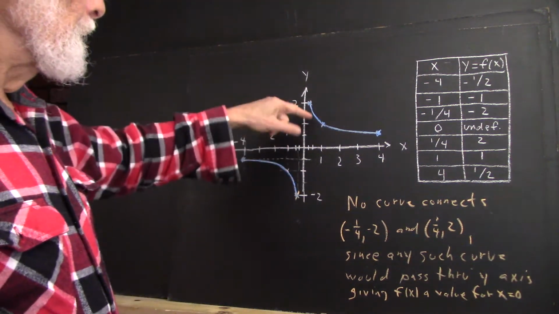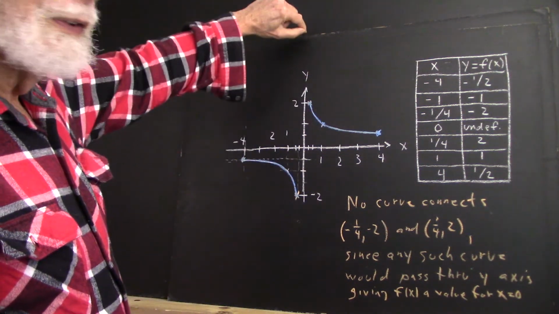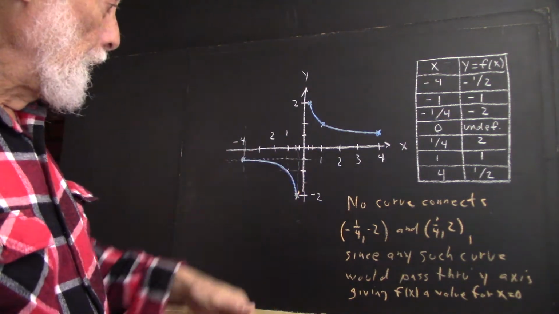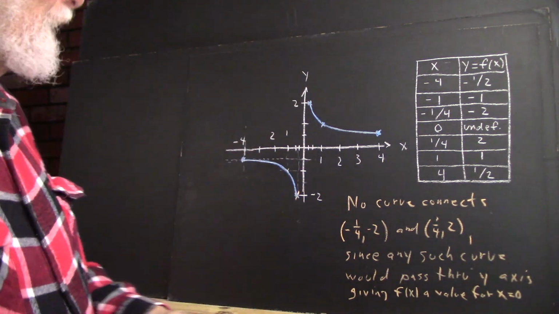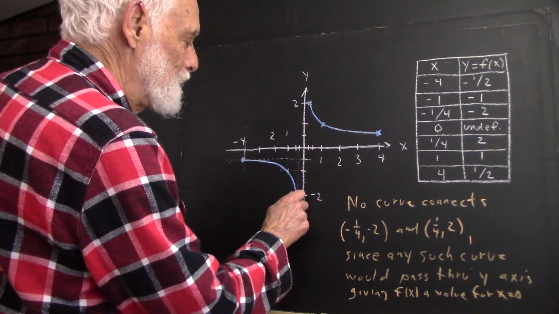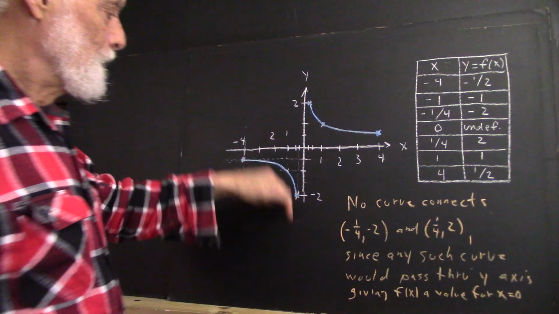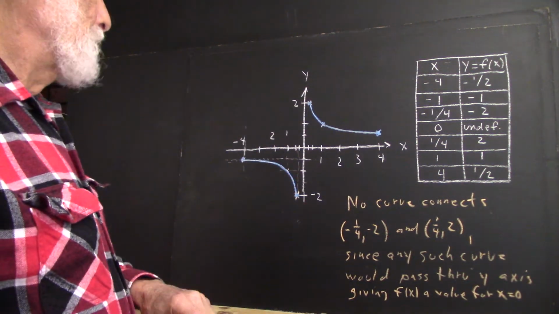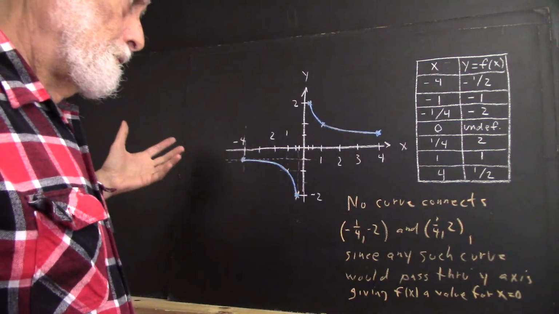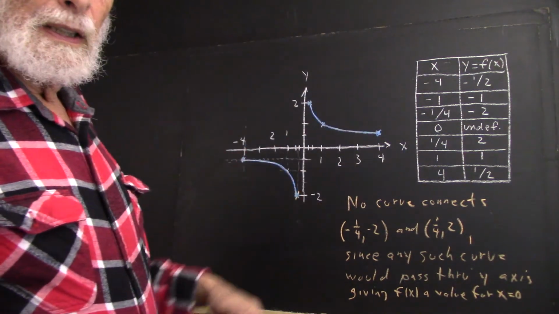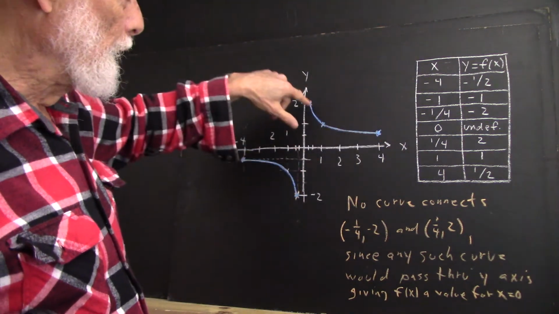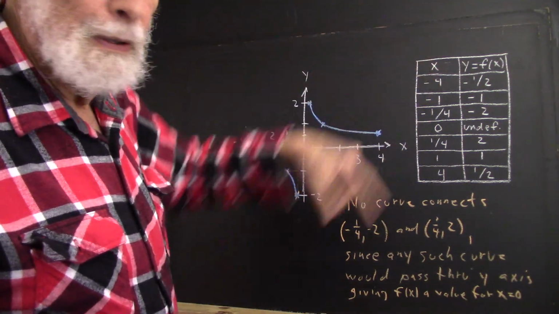We could say, well, it sure looks like this thing's going to approach the y-axis as an asymptote here, and the y-axis as an asymptote here. It's a little less certain that it's going to approach the x-axis as an asymptote, so we have a lot of guesswork there. Maybe the asymptote's above the x-axis. Maybe it doesn't even have an asymptote. Maybe it turns around at some point, goes up.